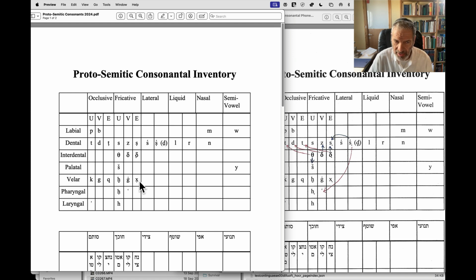And now John Hunegard very cleverly identified this as a separate phoneme, even though we don't see a realization of it in any daughter language. But it's because of some correspondences that has long been noted by Assyriologists between Akkadian cha and West Semitic ha that should have merged with the laryngeal in Akkadian, but didn't.